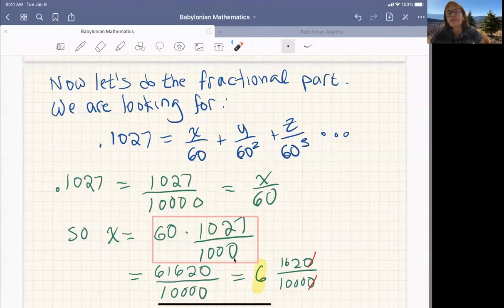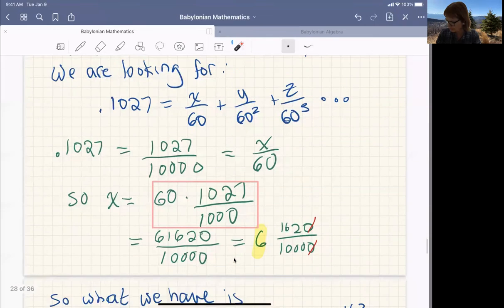So I'm just going to divide the numerator and denominator by 10. So I get 6 and 162 divided by 1,000. Now, I'm going to plug that in and see what this means.